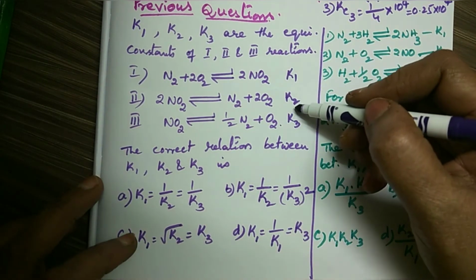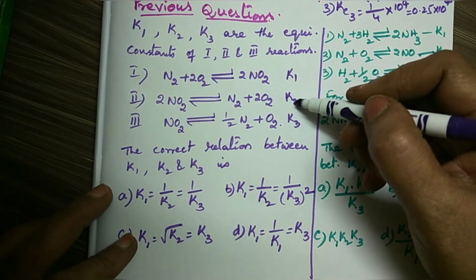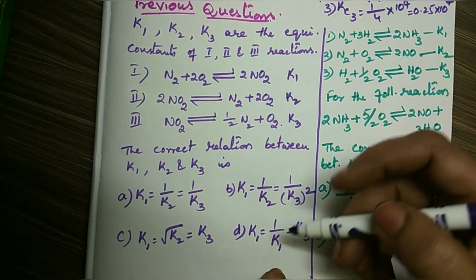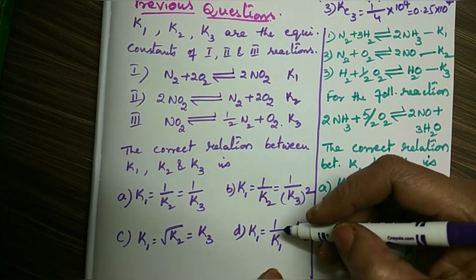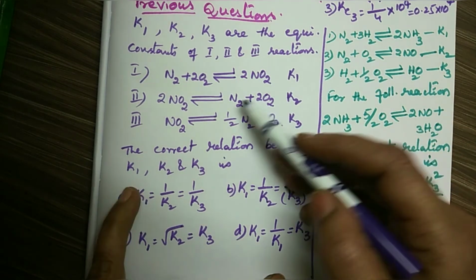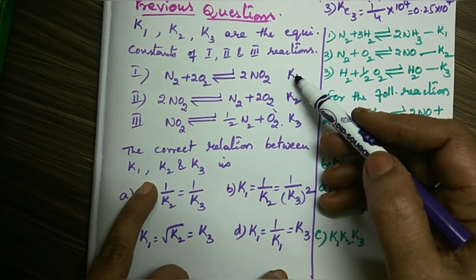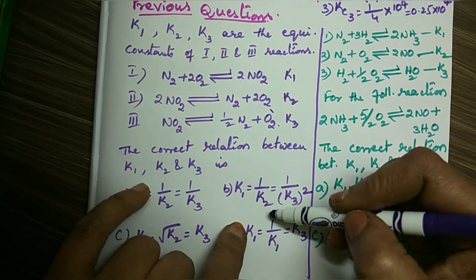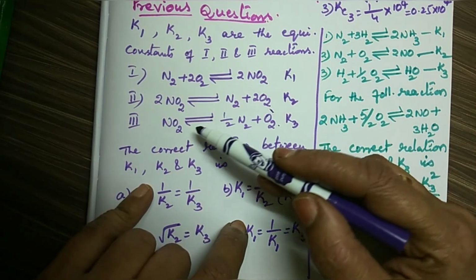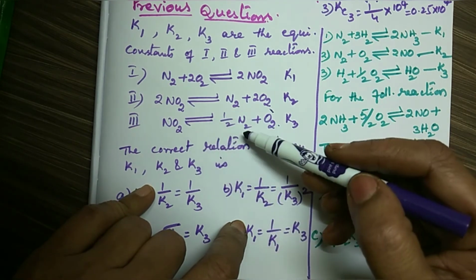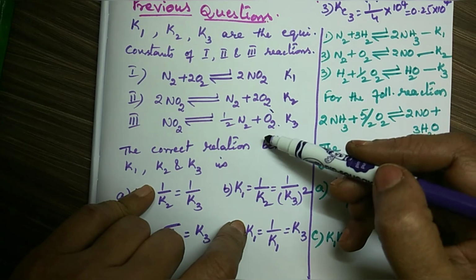What is the relation between K1 and K2? K2 is the inverse of K1. So K1 is equal to 1 by K2. And the third reaction is the reverse of the first reaction and the concentrations are becoming half.